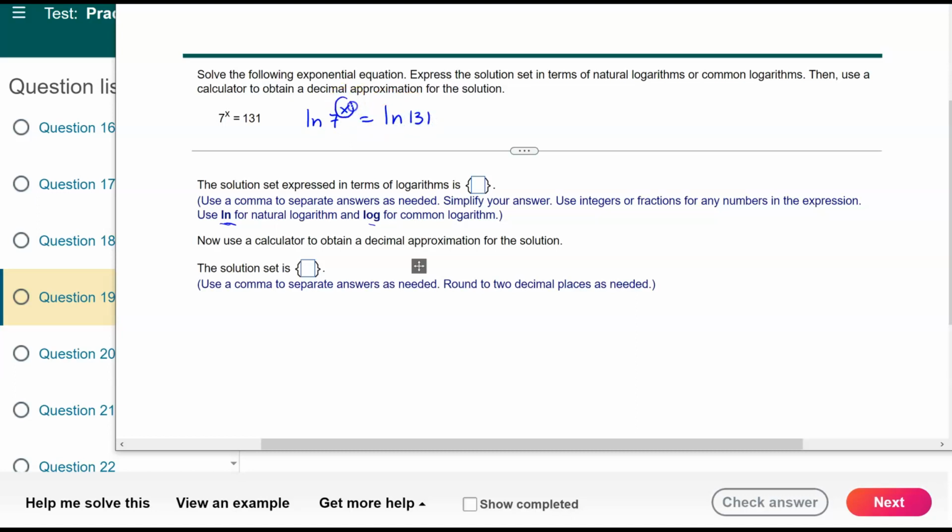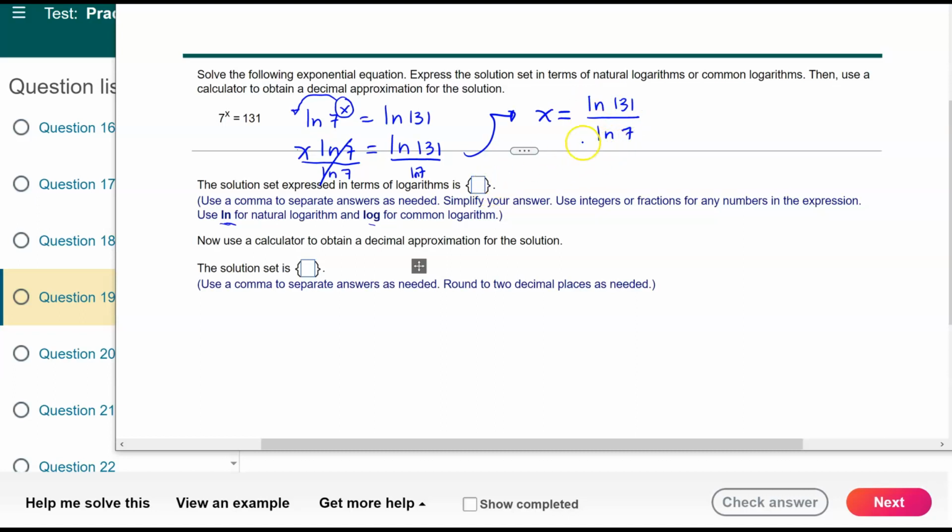Then use the power rule to bring down that x. This is x ln 7 is equal to ln of 131. Therefore x is equal to, you divide both sides by ln 7, so that cancels. So x is ln of 131 over ln of 7.